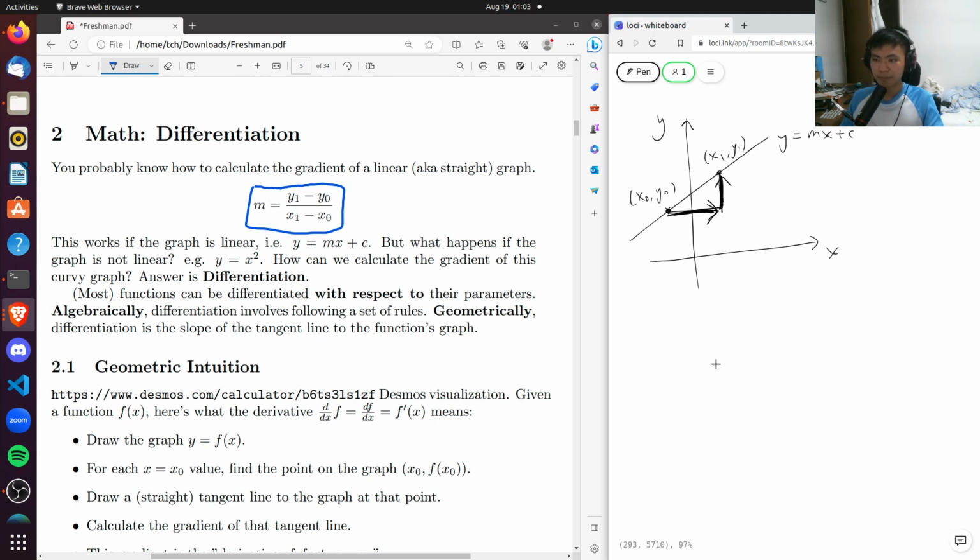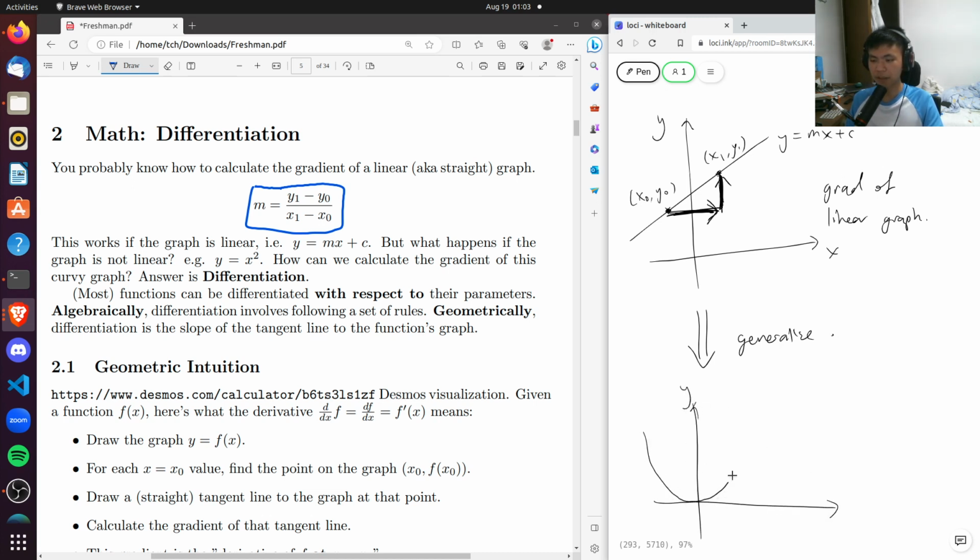So the question we want to ask right now is, how does this gradient of a linear graph, linear meaning straight, generalize to a notion of a gradient of a curved graph? So for example, I could have a function y equals x squared.